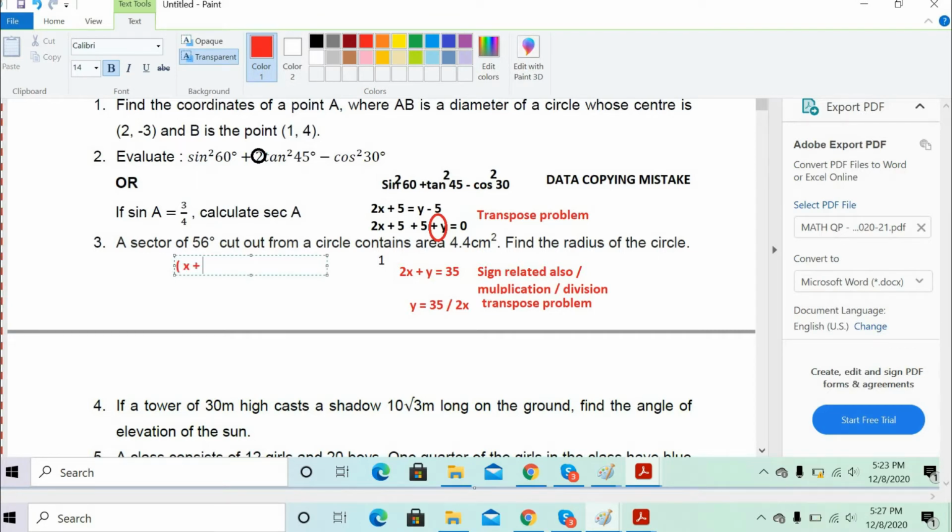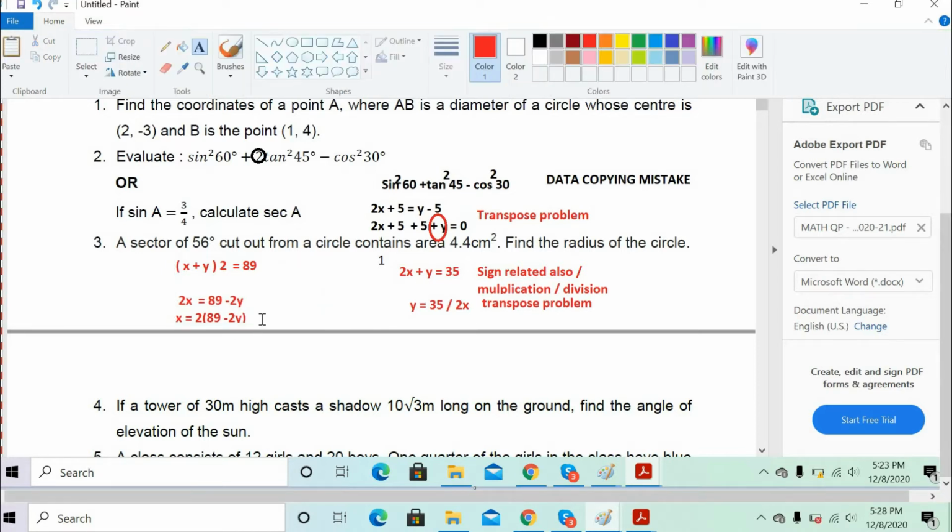If I have x plus y into 2 equals, let's say, 89, and I want the value of x, the mistake that happens is 2x equals 89 minus 2y, and then x by mistake is 89 minus 2y.